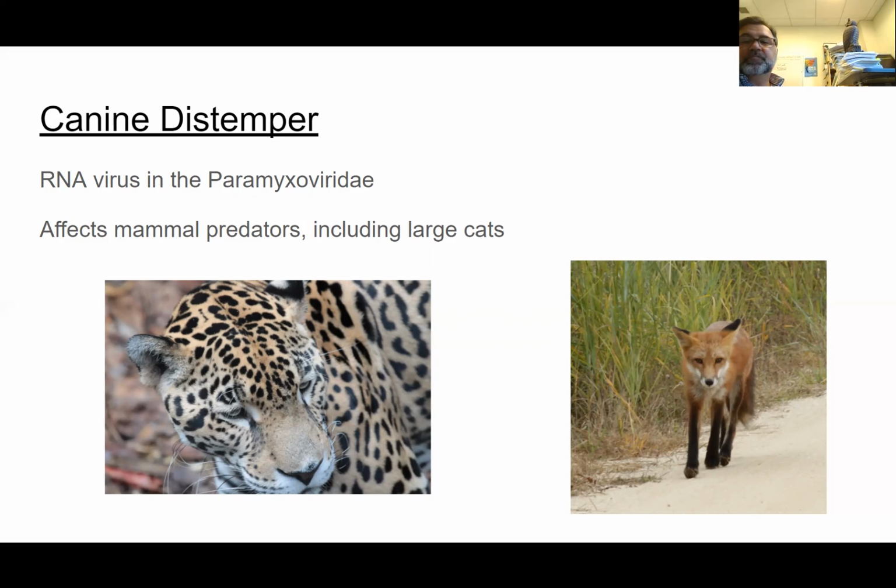Whenever you see an animal acting strangely, like this fox that I saw on the coast of New Jersey, if you see a fox or raccoon out in the middle of the day acting strange, it very likely could be a case of canine distemper. And canine distemper also affects large cats, unfortunately.